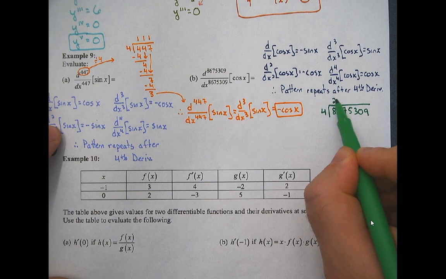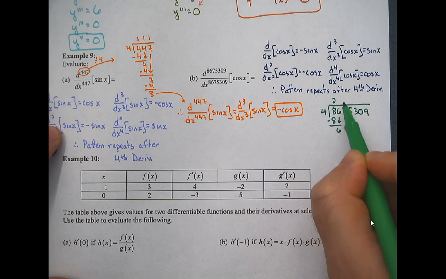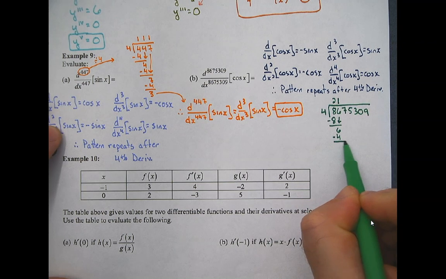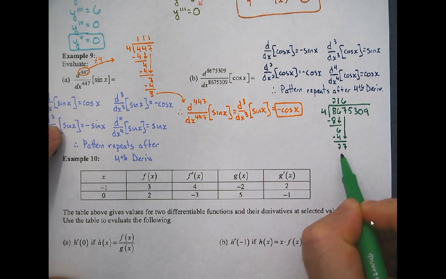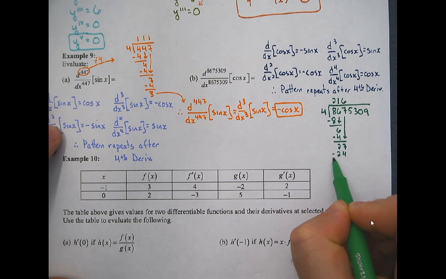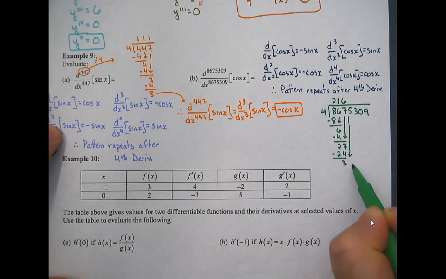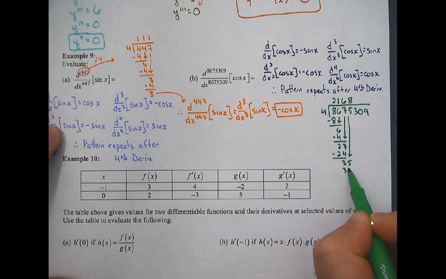4 goes into 8 twice. That makes an 8. Draw the line, switch the sign. The 6 drops. 4 goes into 6 once. 1 times 4 is 4. Draw the line, switch the sign. The 7 drops, so that would be 27. 4 goes into 27 6 times. That's 24. Draw the line, switch the sign. That's 3. And then the 5 drops. That's 35. That goes into there 8 times. That's 32. Draw the line, switch the sign. That's 3.